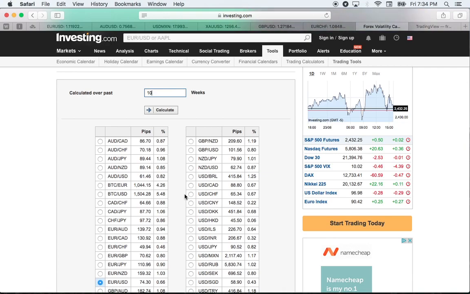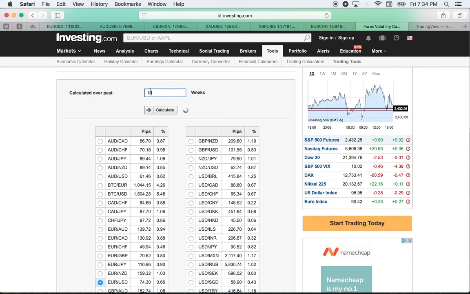These are averages, and the dealer can work the market really as much as he wants, but it's not going to be very far outside of this average. Otherwise, the average wouldn't be as small as it is.